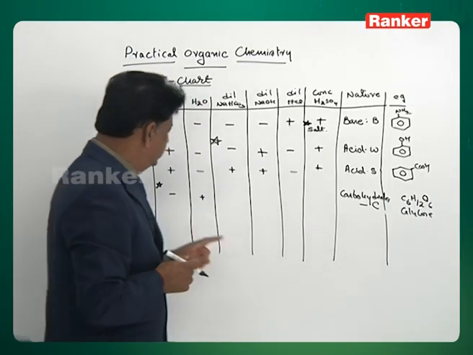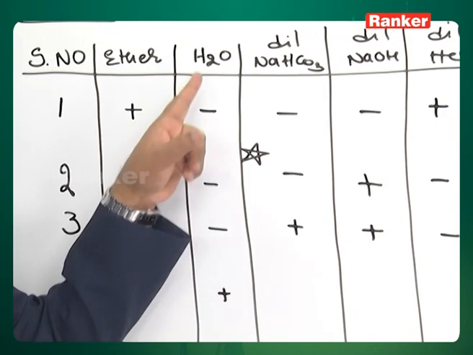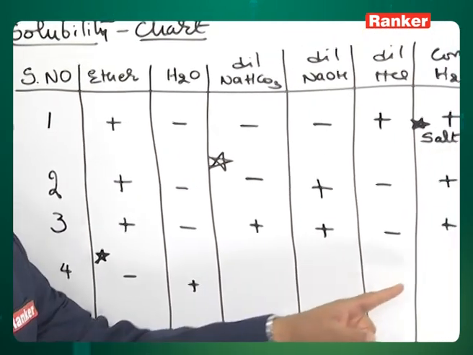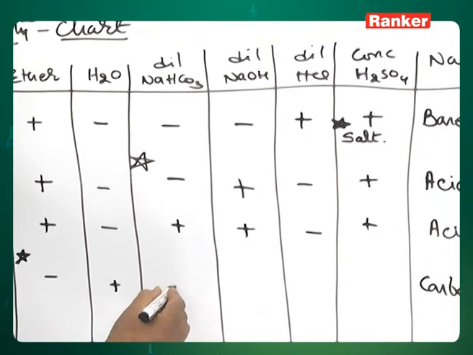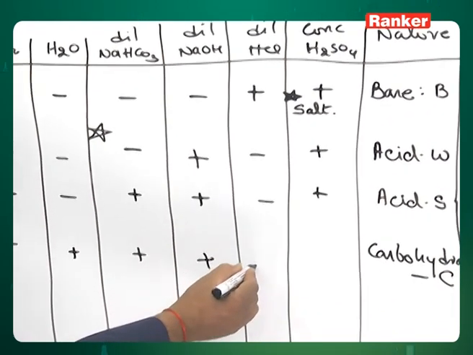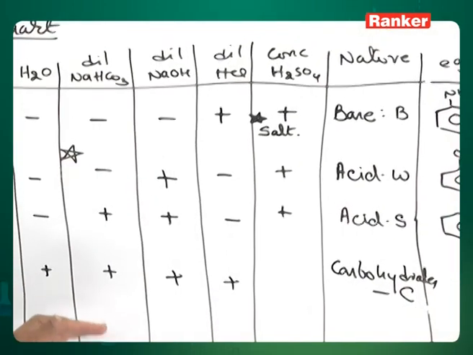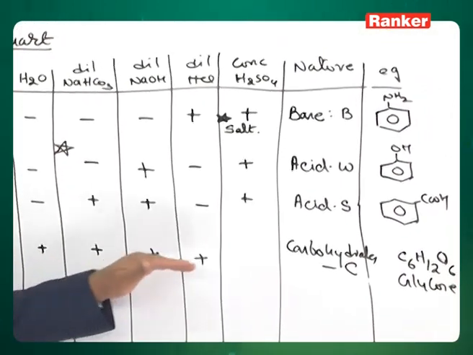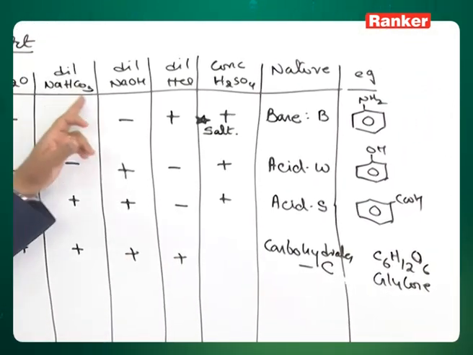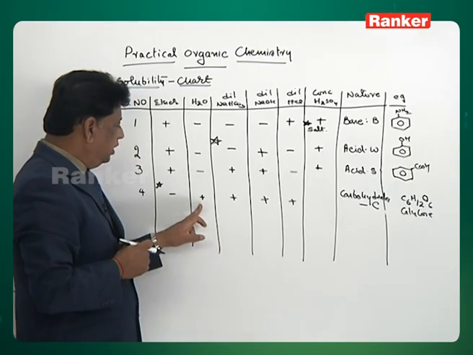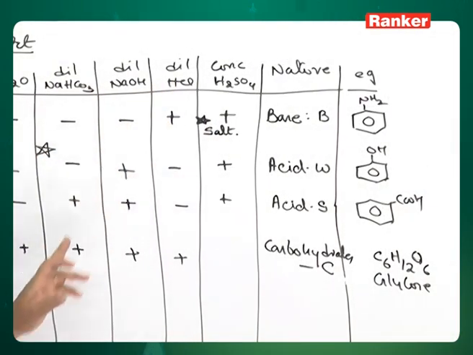Because glucose is soluble in water, these are all water solutions, therefore you need not do any test, simply you can go for plus. Even if you do it, it is your ignorance, because when it is soluble in water, definitely they will be.